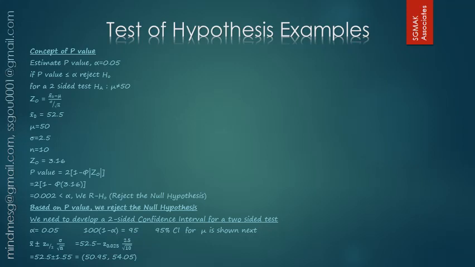The expression is shown next: x bar observed plus minus z alpha over 2 times sigma over square root of n. X bar observed is 52.5, so we get a confidence interval between 50.95 and 54.05. Ends are included.